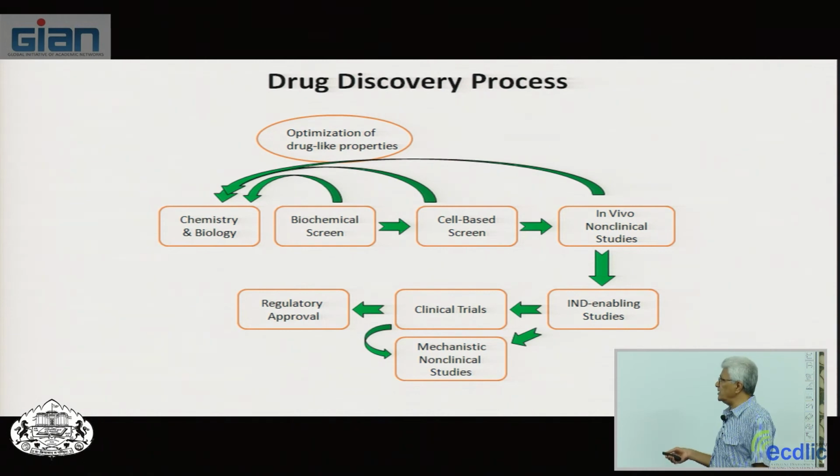If there are changes or differences, you go back again to the chemistry, biology and come back to the optimized conditions, then you go to the in vivo or non-clinical studies. Then you have the IND enabling studies, clinical trials. That's where you could complete the mechanistic or non-clinical studies.